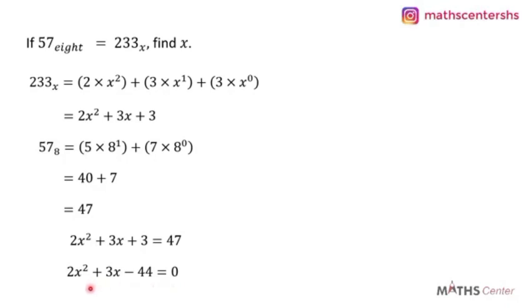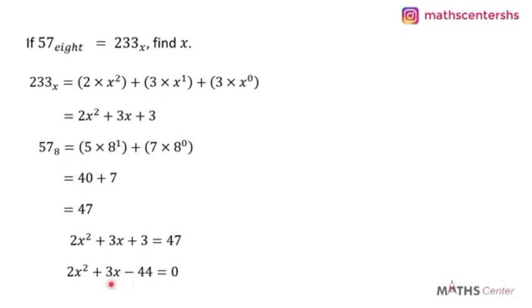To solve it, we will multiply the constant term by the coefficient of the squared term. The squared term here is 2x squared, and the coefficient of x squared is 2. So we will multiply 2 by the constant term, which is negative 44. 2 times negative 44 will give us negative 88. So we are going to look for two numbers that when you multiply, you will get negative 88, but when you add them, you get 3.